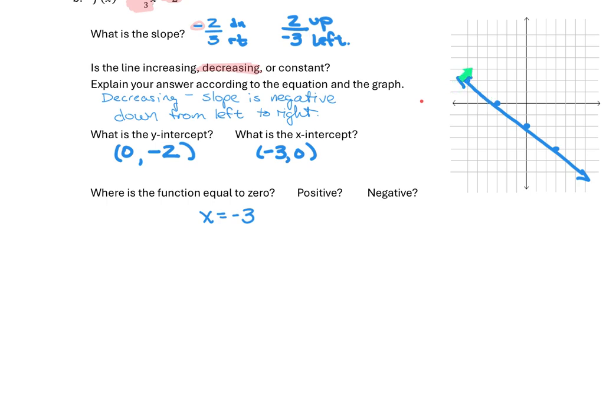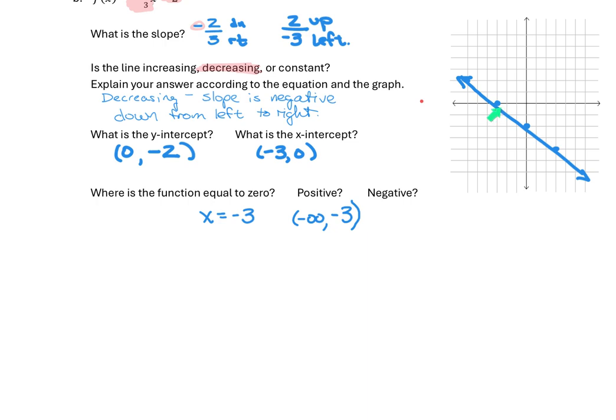So this arrow goes forever to the left, which means that this is going to be -infinity. And we are above the x-axis until we get to -3. Remember, we do not want to include -3. We want a parenthesis around that because 0 is not positive. All right, we want to know where it is negative, or where it is below the x-axis.